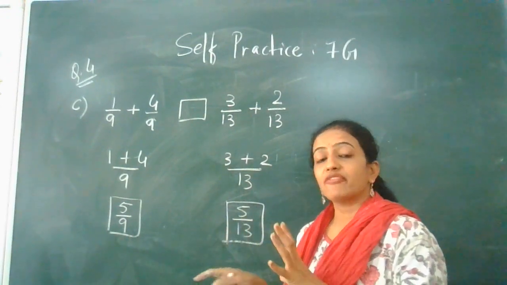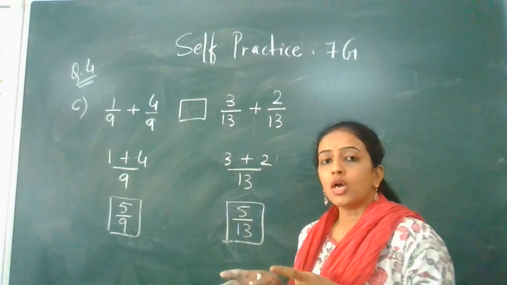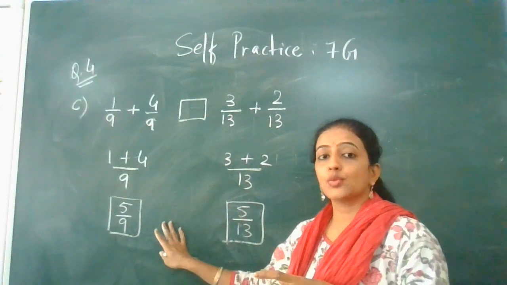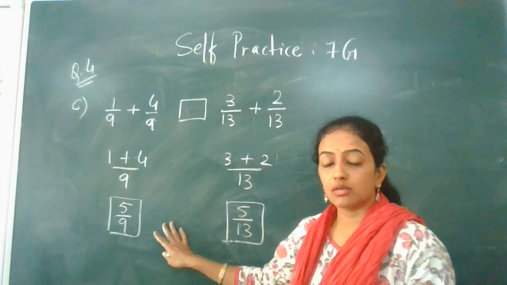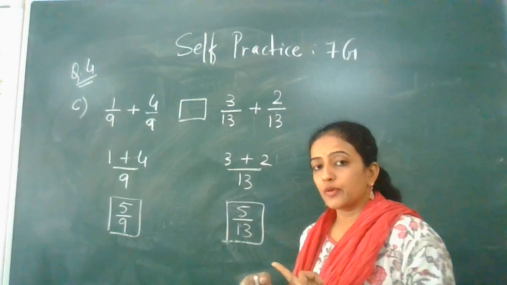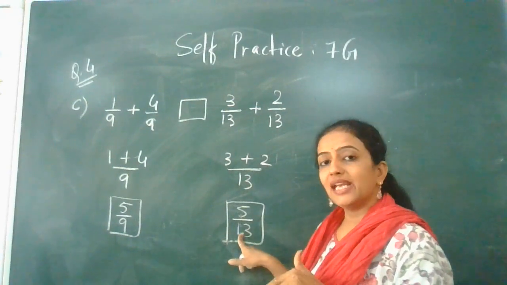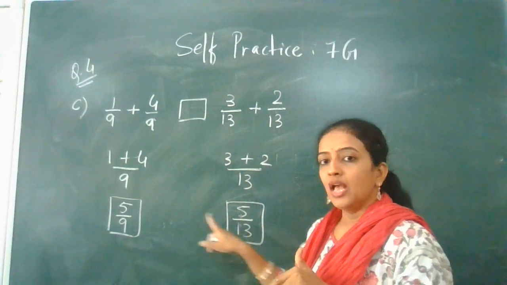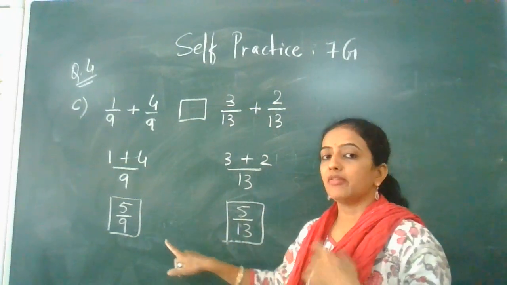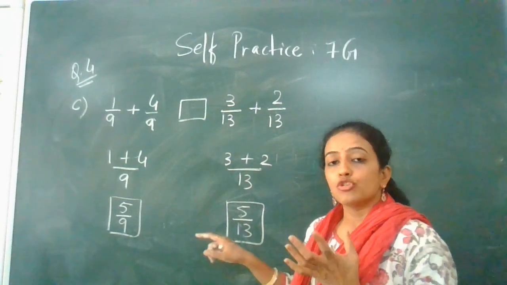Okay, but here we have to think opposite. When you are comparing unlike fractions with the same numerators, you have to think opposite. Here you have to see that whichever is bigger, actually it is having the smaller value, and whichever is smaller, it is having the greater value.